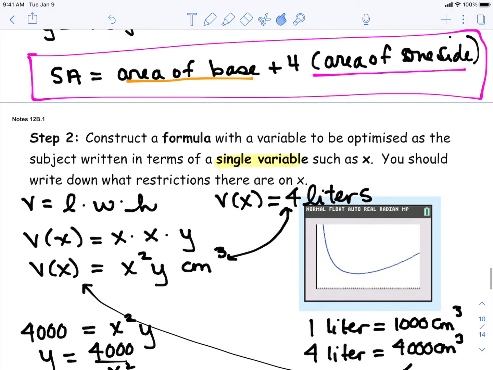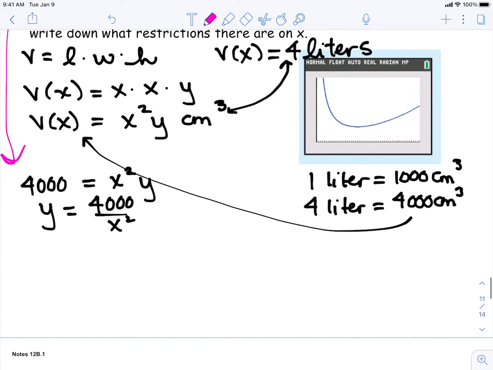I'm just going to bring that down. So for our surface area, the area of x, the area of the base is x times x, that's the base, plus 4x times y.